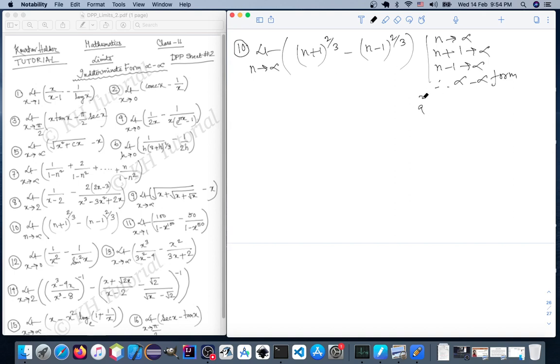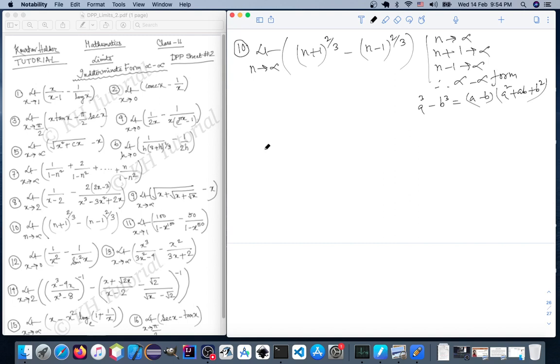We know a cube minus b cube equals (a minus b) times something, so this a minus b is creating the problem. If we see a cube minus b cube, it will be (n plus 1) whole square minus (n minus 1) whole square. From there, n square will get cancelled out. Also, 1 will get cancelled out, and we will get 4n.